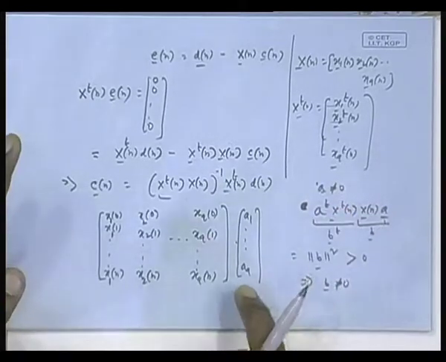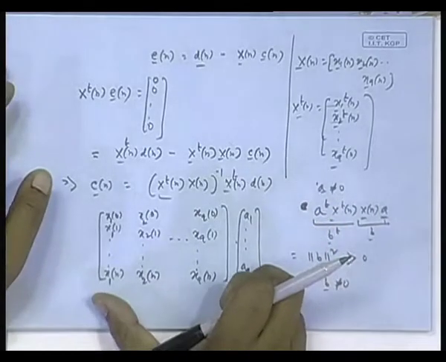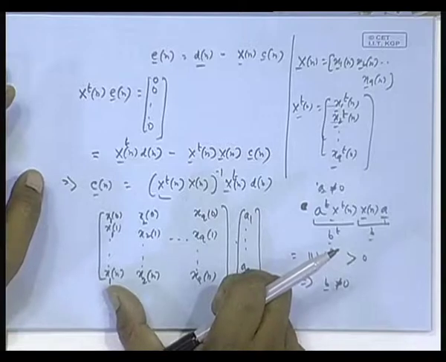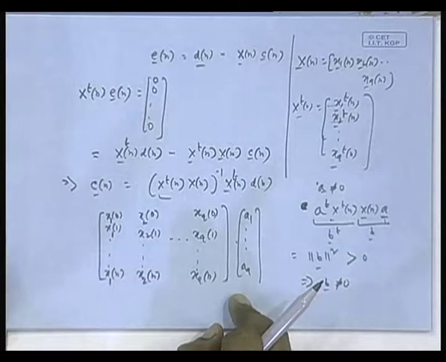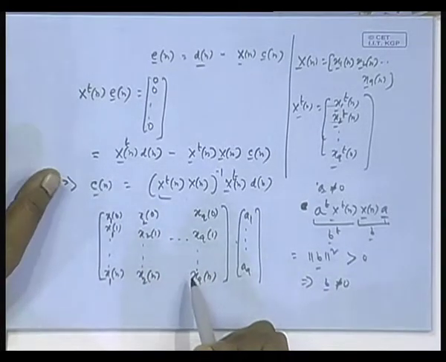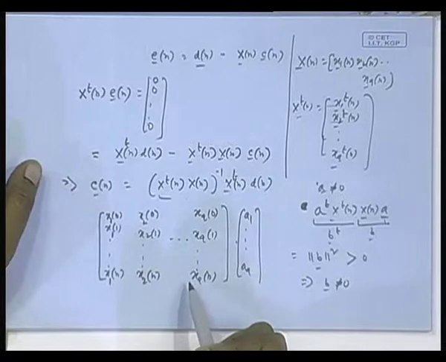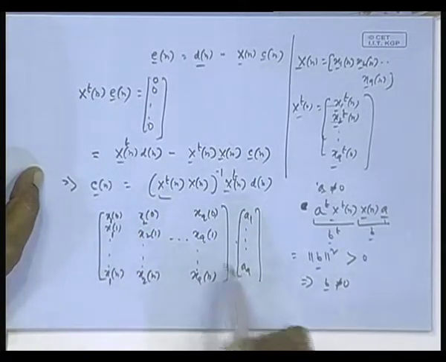Given for any such A where A is not a 0 vector, when can I say that this product will definitely be a non-zero vector? If the columns are linearly independent. If you do this product, it means A1 times first column, A2 times second column, plus ... plus AQ times last column.